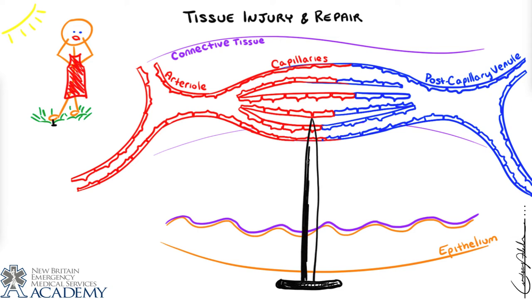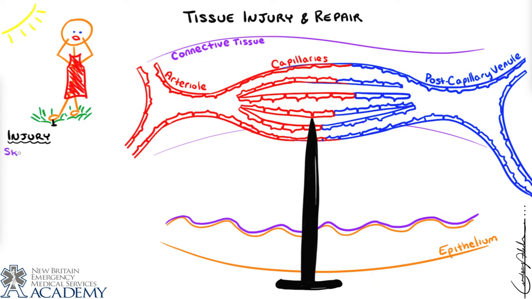All right, so now let's say that the nail has penetrated the epithelium and the connective tissue, and because we happen to have a blood supply in the connective tissue, we also puncture the capillaries. So of course that's going to lead to bleeding. That makes a lot of sense. I think it also would make sense to say that depending on the depth of the injury, we would see different types of damage.